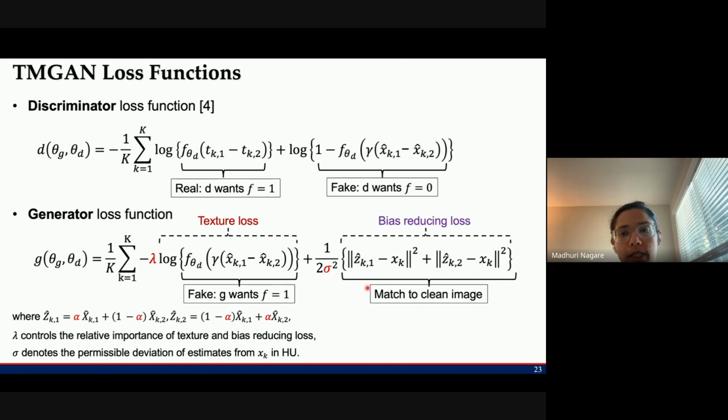The second term is the bias reducing loss function to match the denoised or deblurred image with the clean image. So here lambda, sigma, and alpha are the tuning parameters, or hyperparameters, in this algorithm.